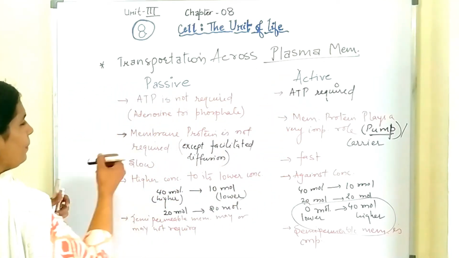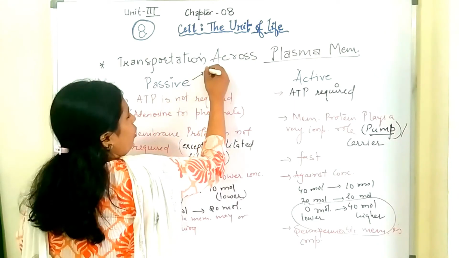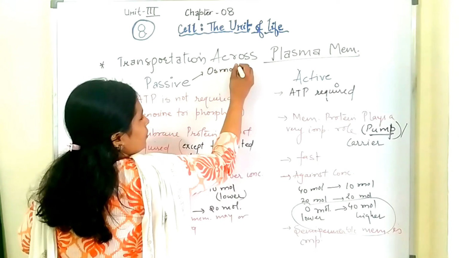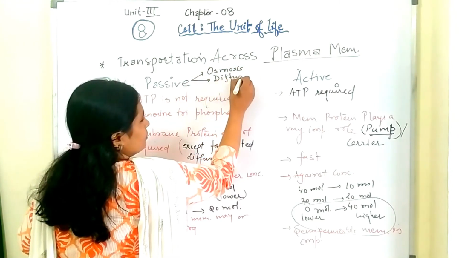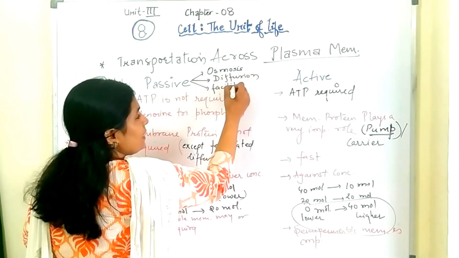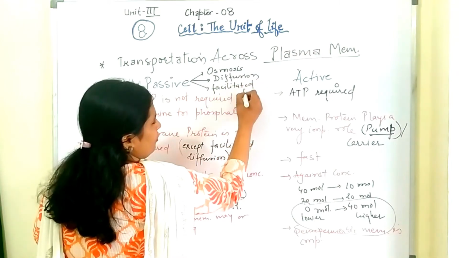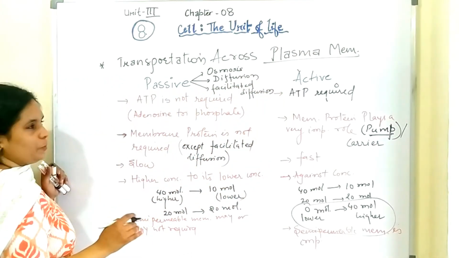Now, in passive transportation, you will read about osmosis, diffusion and facilitated diffusion. These are the three processes that come under passive transportation.